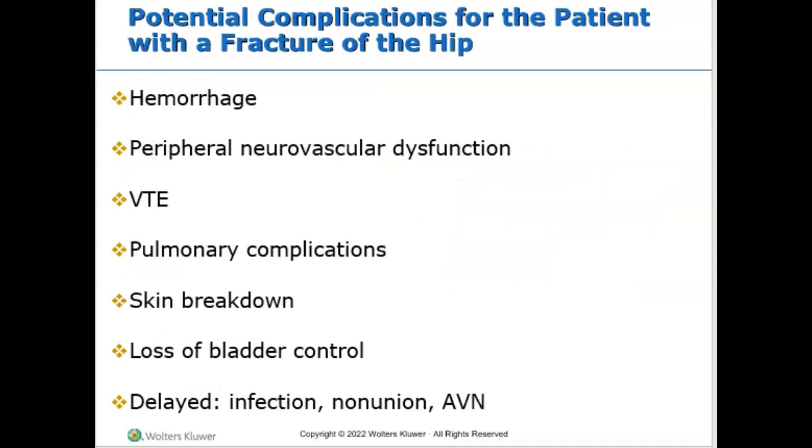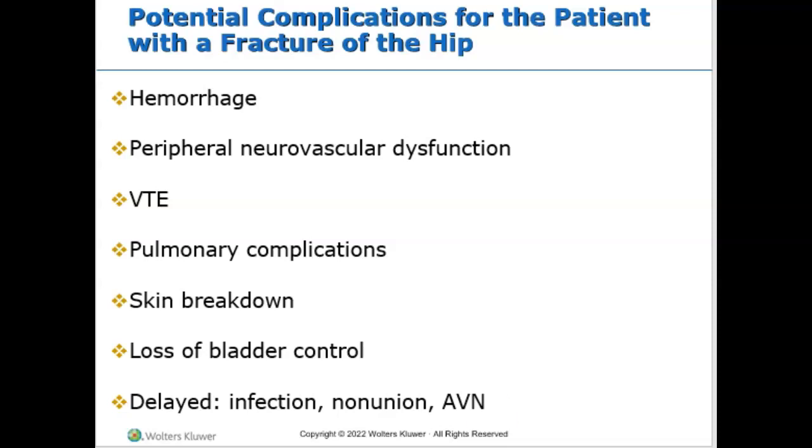And there's some complications with a hip fracture. AVN that you see right here, that is avascular necrosis, which is where the blood supply in the bone dies, and it can cause death to the bone itself.